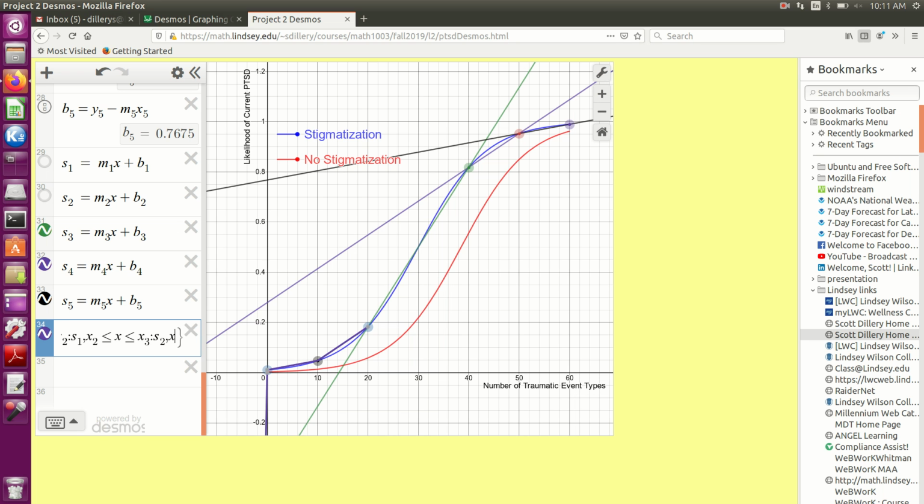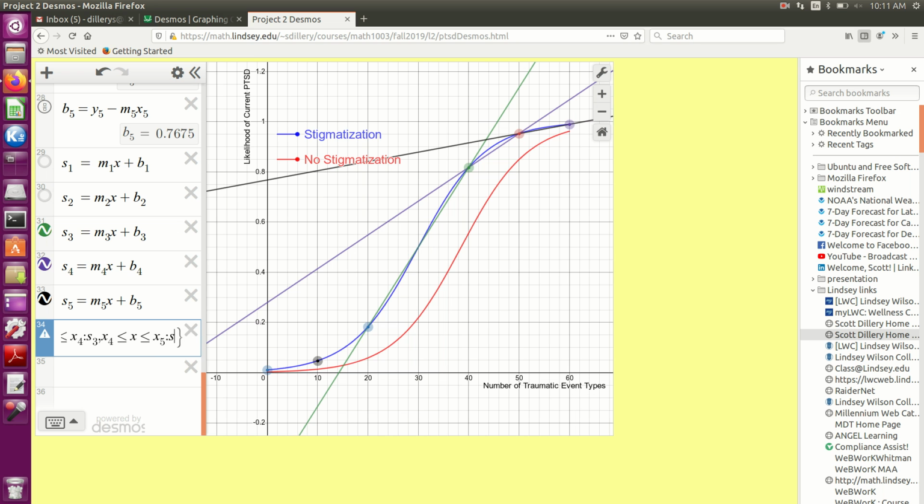Now I'll do an x3 is less than or equal to x is less than or equal to x4, and put a colon and then an S3 going with the X3, and I can see that it added it as I went there. So then comma, and I'll do my X4 less than or equal to X, less than or equal to X5. So a lot of repetition on this.